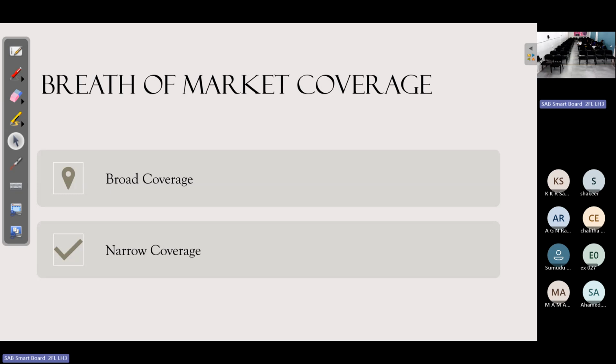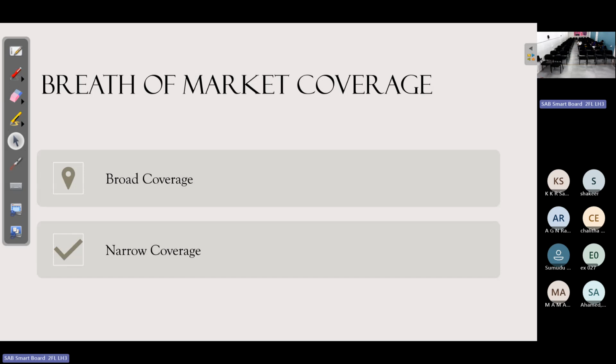Right, then you can write down that in there we have two: broad coverage and narrow coverage. Then you can first write down broad coverage there.